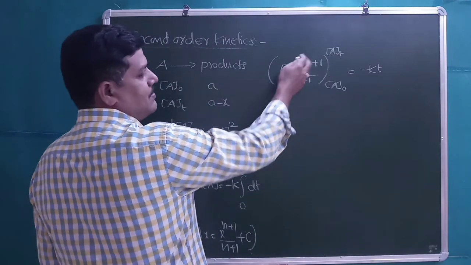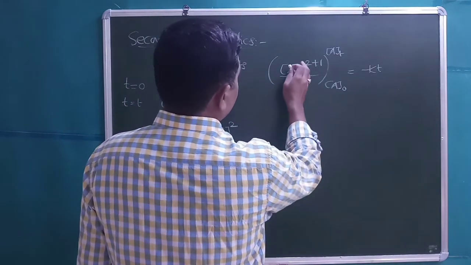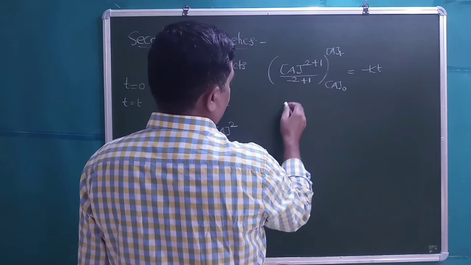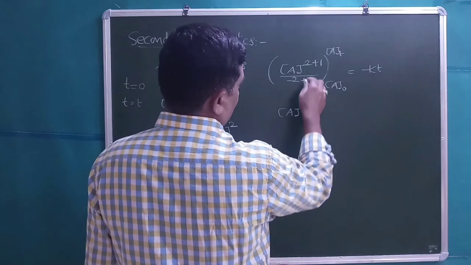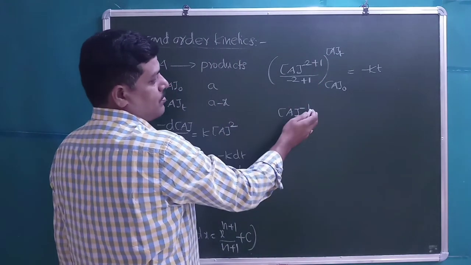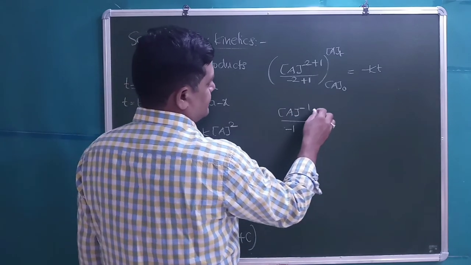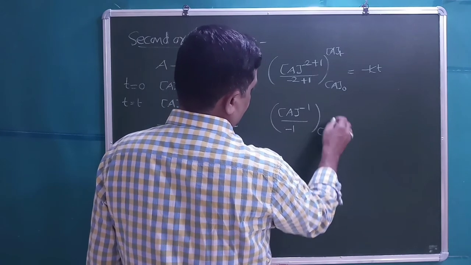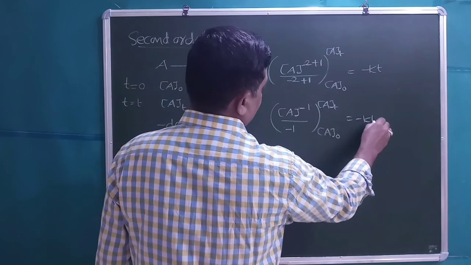Let us substitute the limits in this equation. Students, A power minus 2 plus 1 is A power minus 1, divided by minus 2 plus 1, which is minus 1, in between the limits. Next step we will substitute the limits, A naught to At is equal to minus kt.